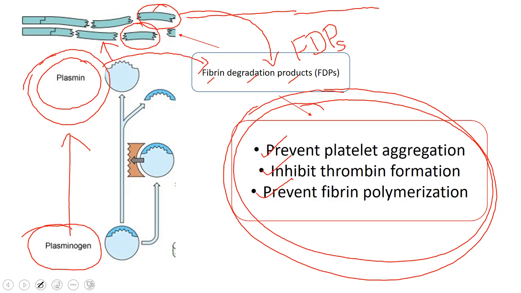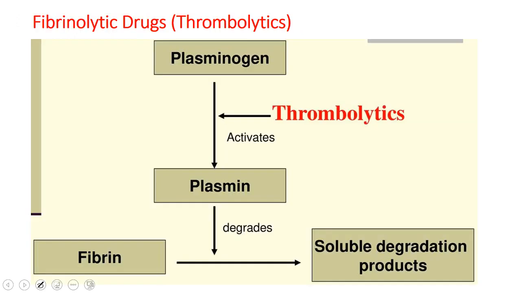Only then you can have formation of FDPs, and subsequently you can lyse the thrombus. Our class of drugs, the so-called thrombolytics, facilitates this conversion of plasminogen to plasmin.